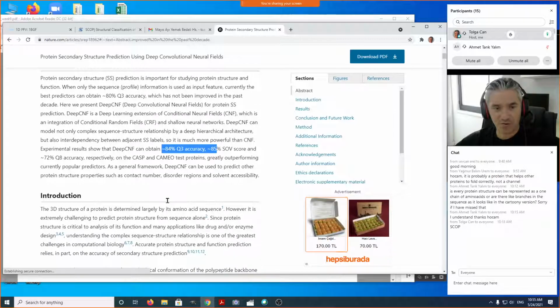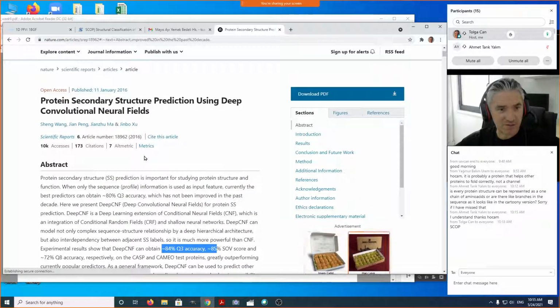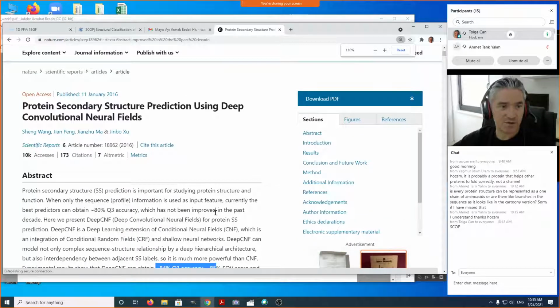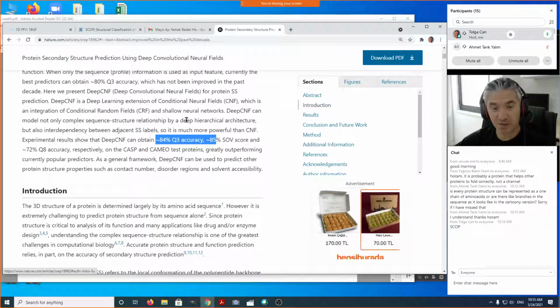Okay, so the accuracy is still around 85%. And this was a recent article in 2016. Not so recent, but five years ago. This article was published in Scientific Reports. So people are still doing research on secondary structure prediction. So there is still room for improvement.